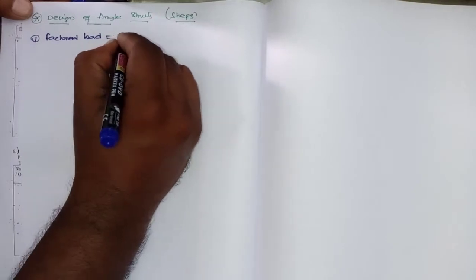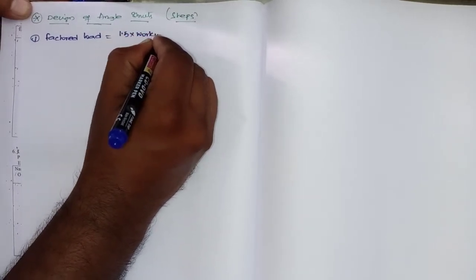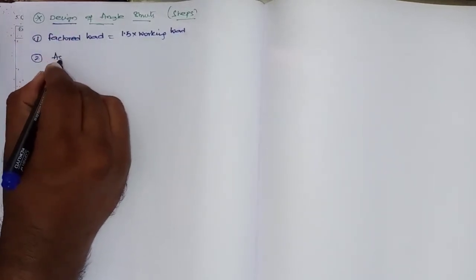What steps are involved in the design of angle struts? First, if the working load is given, factored load will equal 1.5 into working load.